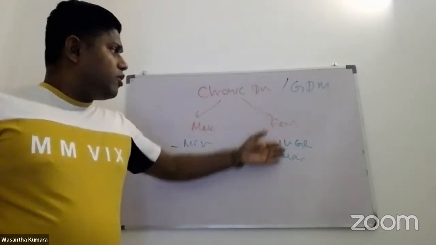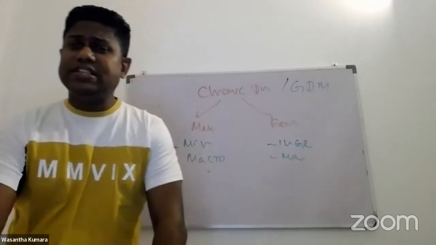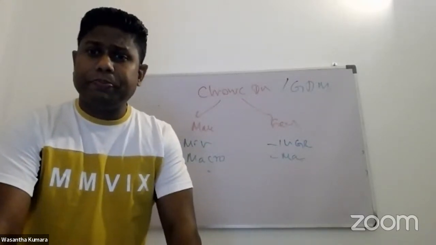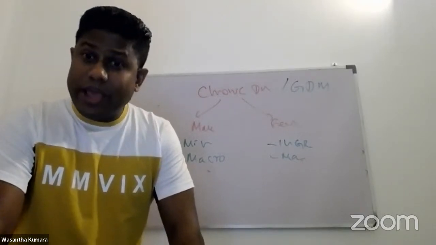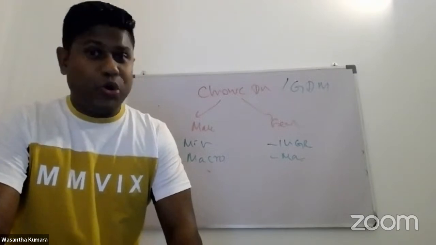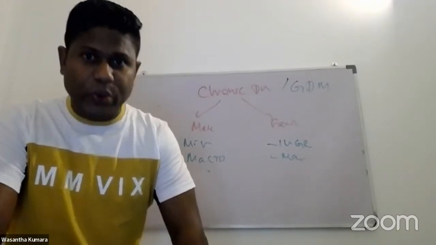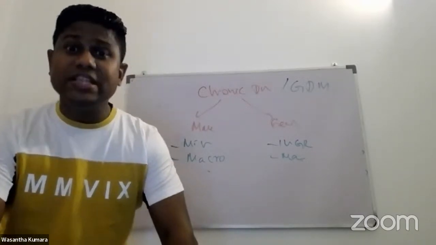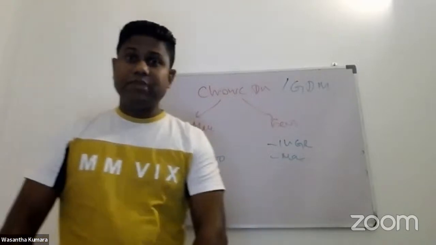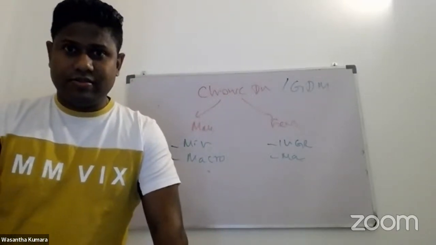Okay. When it comes to the fetus, what are the complications of gestational diabetes? Do they cause miscarriages? No. Do they cause congenital abnormalities? No. Do they cause macrosomia and polyhydramnios? Yes, possible and common. Do they cause IUGR?